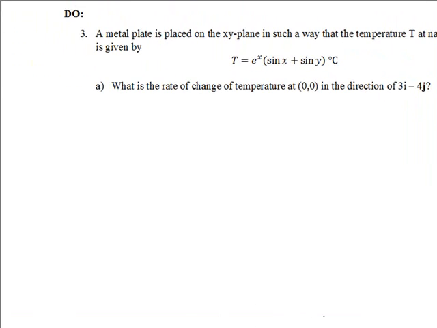Okay, so let's go over it. A is asking you for the directional derivative. Let's distribute it. So that's e to the x sine x plus e to the x sine y.